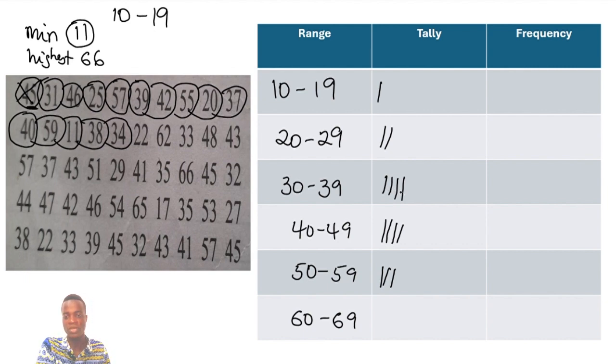These strokes must be in bundles of 5, so 34 is going to fall here. Normally I'm supposed to count it, but for the bundles of 5 to happen, you need to use the fifth stroke to cross it. So that's 5. Once you have one cross, it's 5. That's one bundle. So in a bundle, there are 5 items.